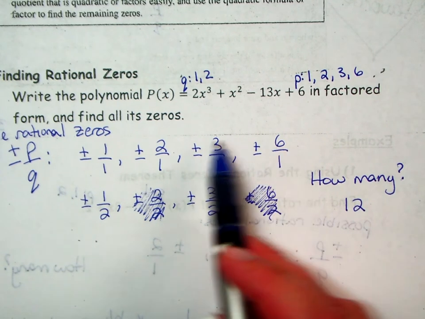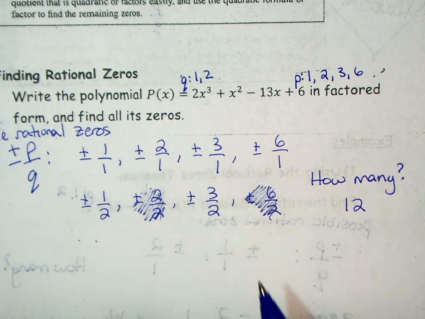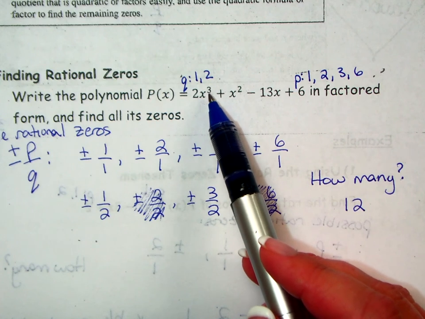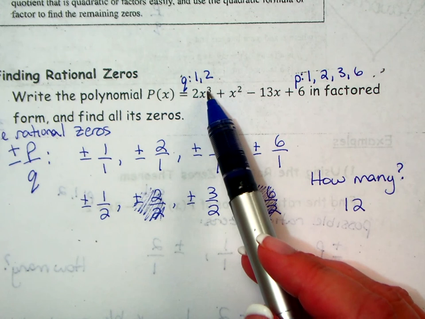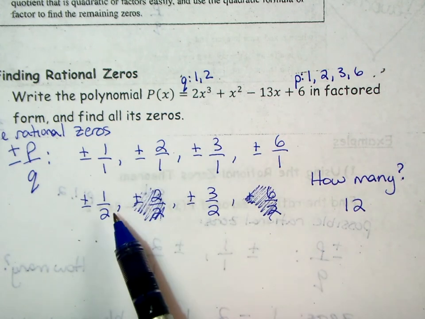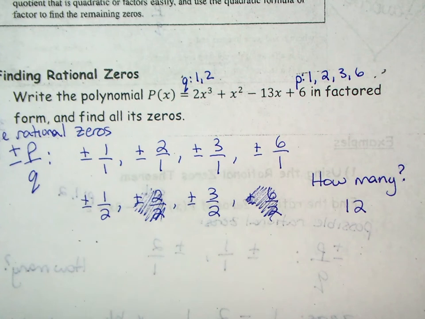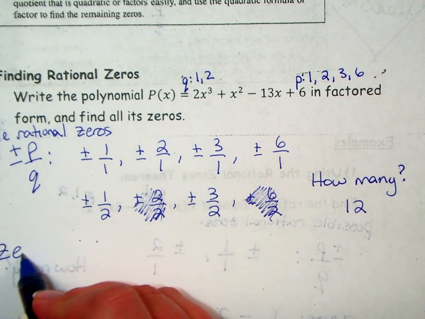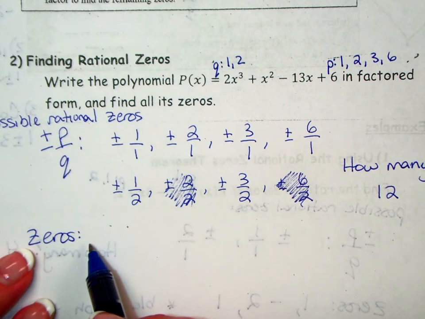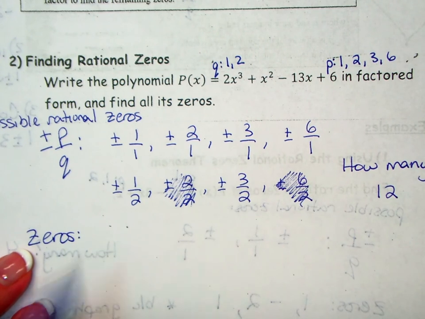Now, of these 12 possible rational zeros, the maximum number that's going to work is equal to the degree. So this polynomial has 3 zeros. Only 3 of these are going to work, or maybe 2 of them are going to work and 1 of them is going to work twice, just like before. So I'm going to get ready to look at how many of these zeros work.